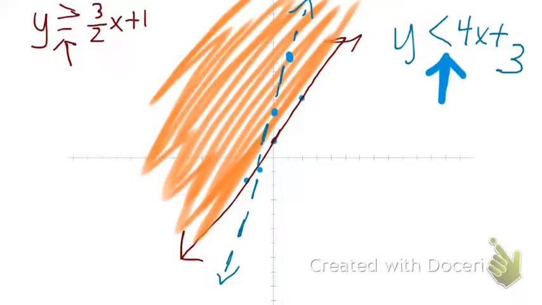Okay, so now we need to shade. Alrighty, so y is less than the line. So if I look at that dashed line, what side of it is going to be less than? Well, that's going to be the region right over here.